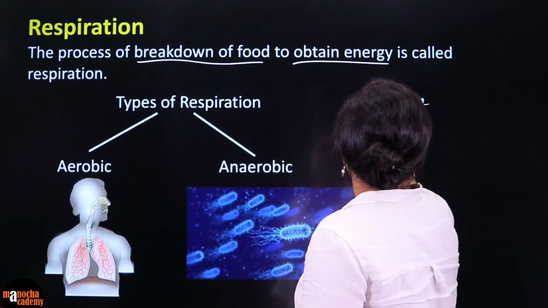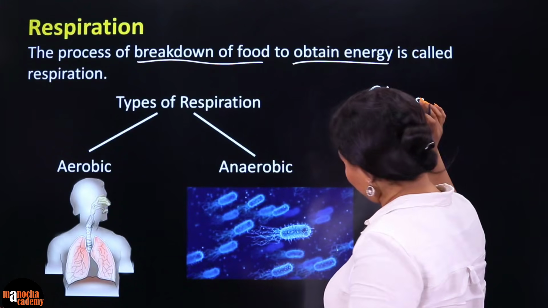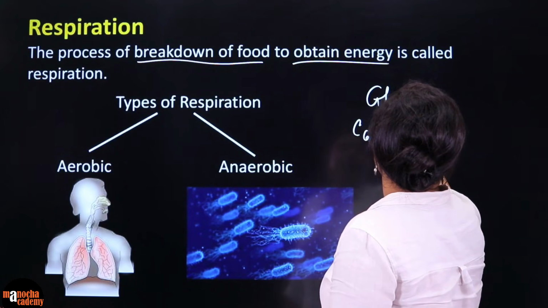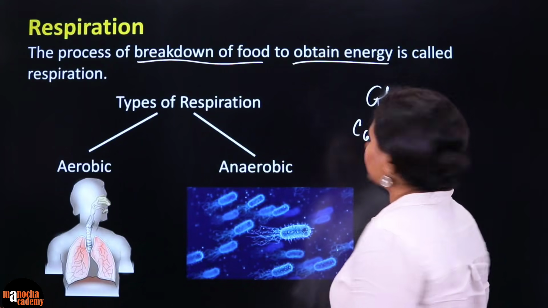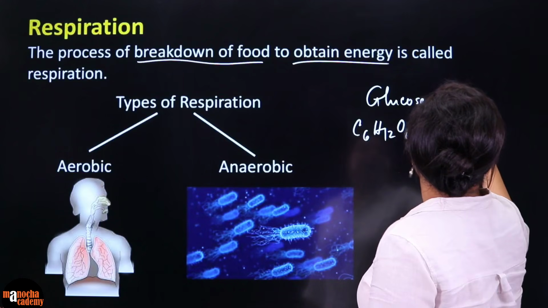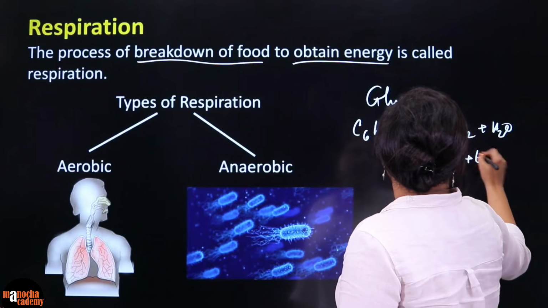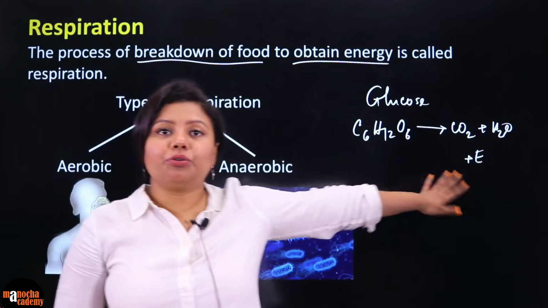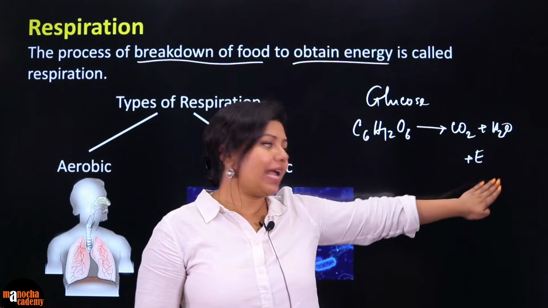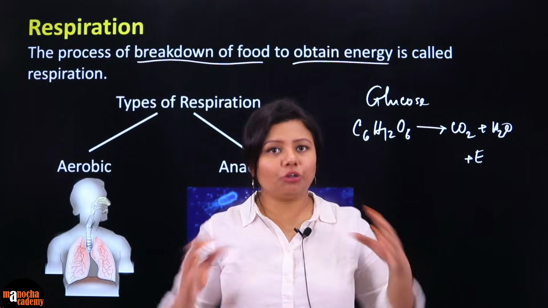Glucose is made up of 6 atoms of carbon, 12 hydrogen and 6 atoms of oxygen. When you break this down into carbon dioxide and water, this breakdown liberates energy, and this is the energy that you use for your daily activities, right? So respiration is the process by which you break down glucose.